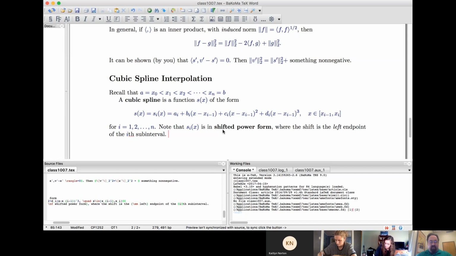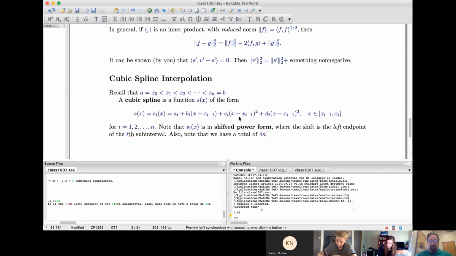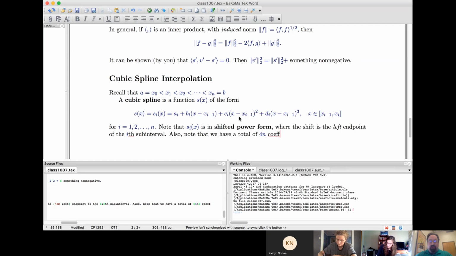Okay. So my next point I want to make is each piece, being a cubic, naturally has 4 coefficients. We have n pieces all told. So we have 4n coefficients to specify that will define the spline completely on all of AB.